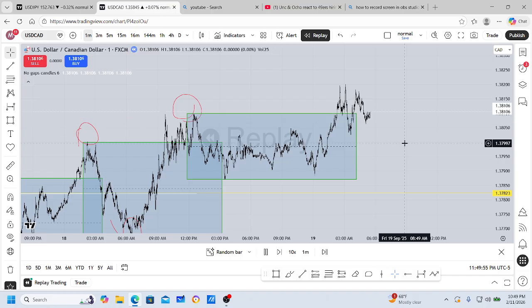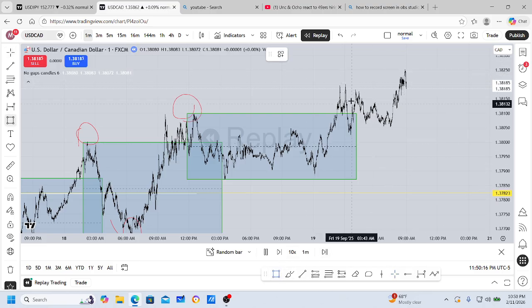See what it does. Yep. Guess you can call it the 5th swing. All right.